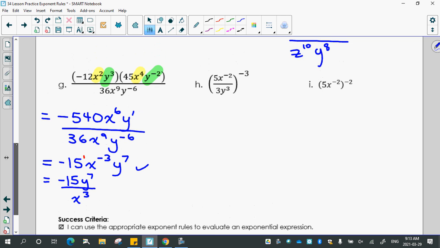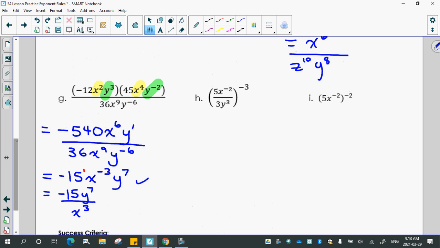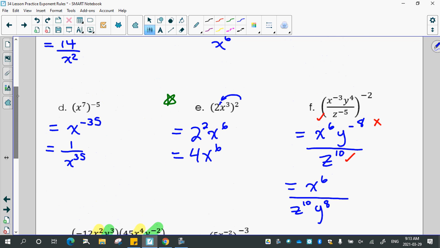H is a tricky one. We can flip and change the exponent, but the reason I would be more likely to flip in this case and not in this case is because this one has no coefficients. There's no plain numbers to apply the exponent to.